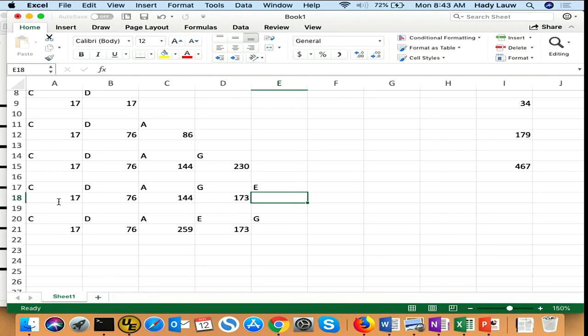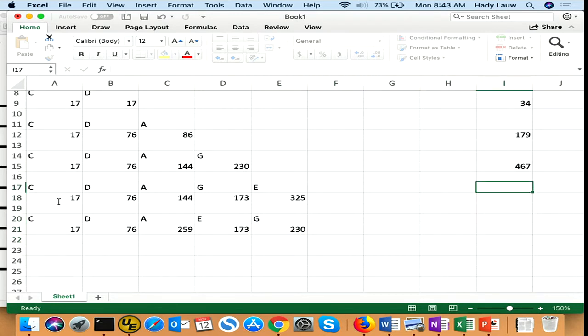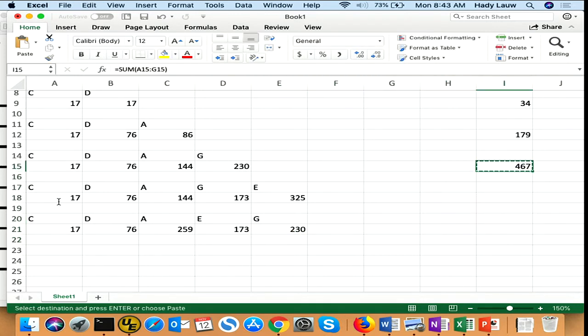CE is 325. And in this case, you have GC 230. Right, so it turns out that one is smaller than the other. So CDAGE at 735, this is smaller. And because this is smaller, we're going to pick that tour and grow from there.